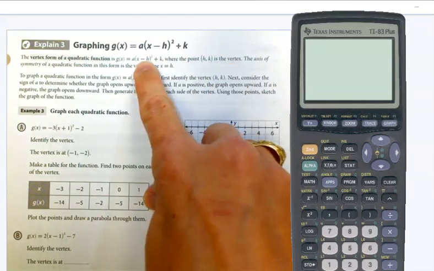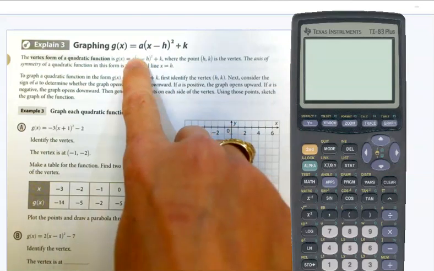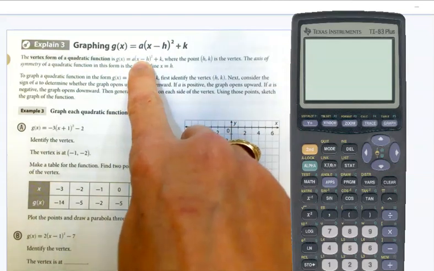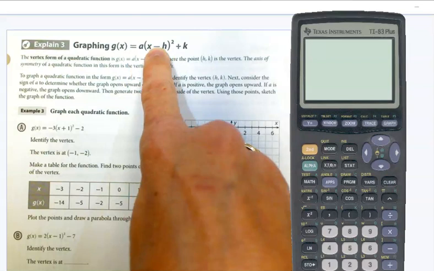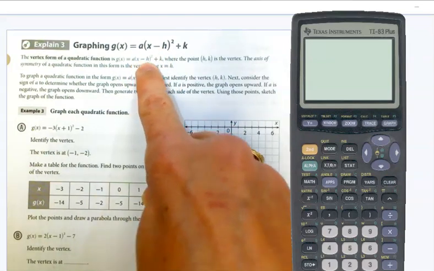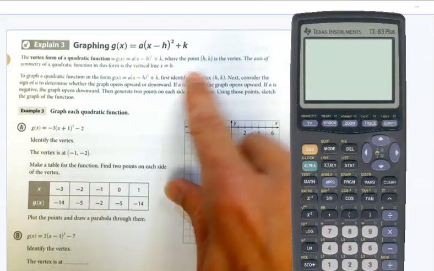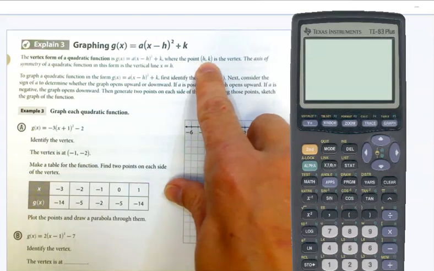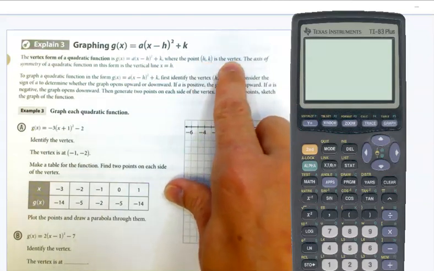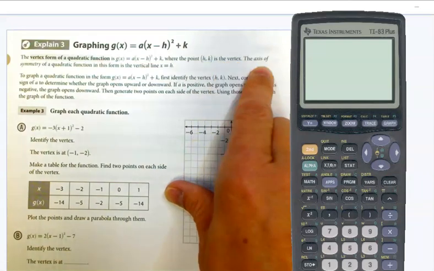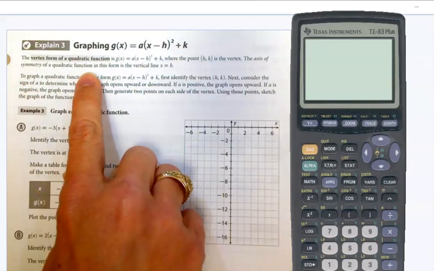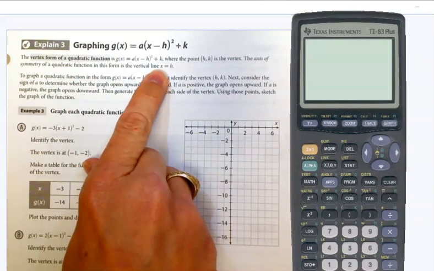Here, remember, that is a positive h because the negative sign is part of the formula, okay? So if it still says negative, that's because you put a positive h in there, okay? So h comma k is the vertex of your parabola, and the axis of symmetry is equal to the vertical line x equals h.